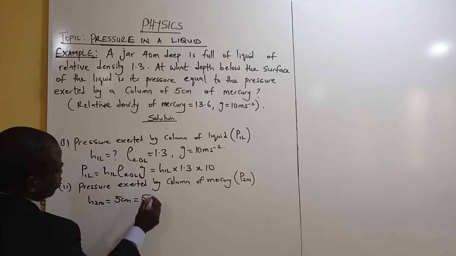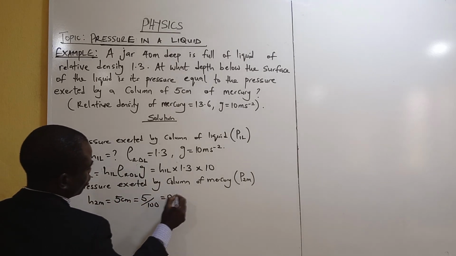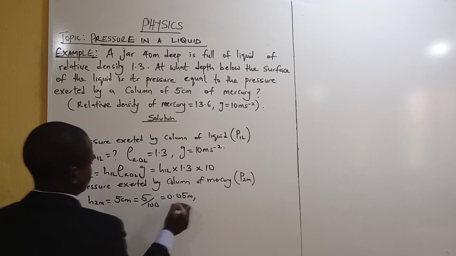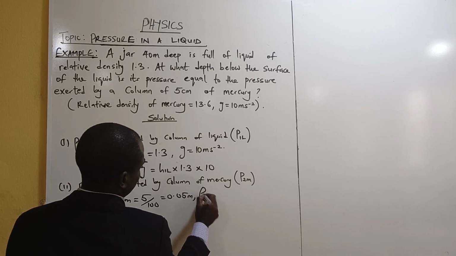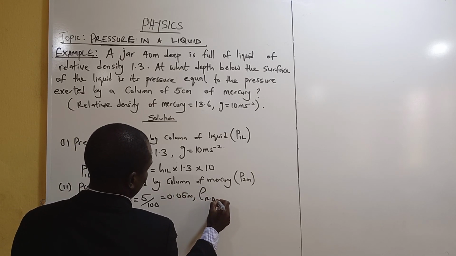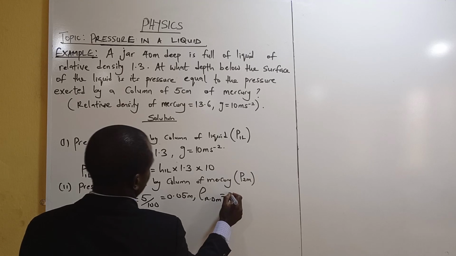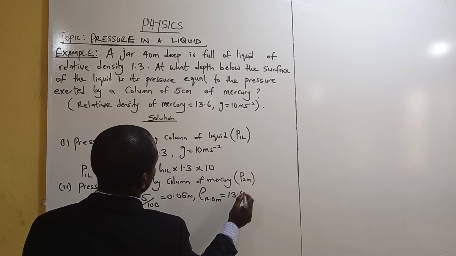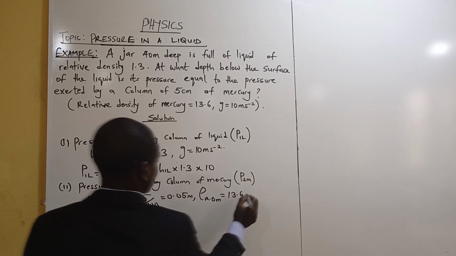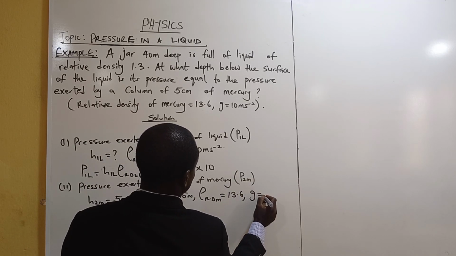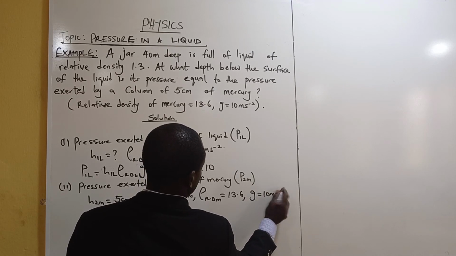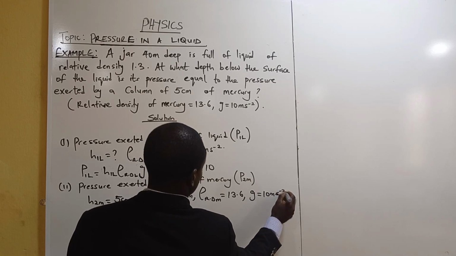Convert it to meters, which is 0.05 meters. The relative density of the mercury is 13.6, and G equals 10 meters per second squared.